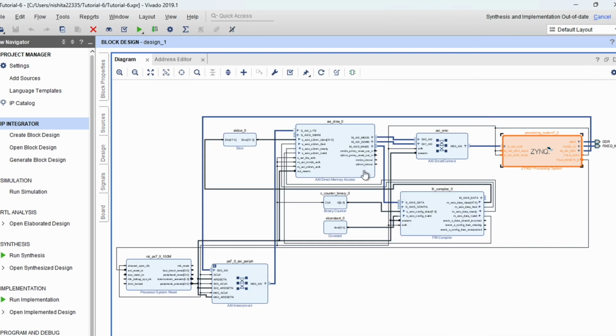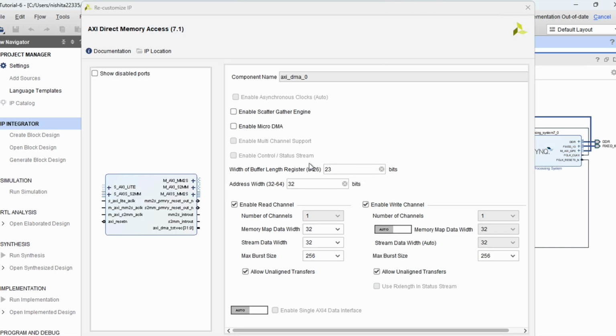In this particular tutorial, we have been implementing a P4.1 implementation with one data path. So I have 32 bits due to one data path. Disabling of the scatter gather engine. The width of the buffer length register being 23. Max burst size being 256 in both read and write channels, and the allowing of unaligned transfers.